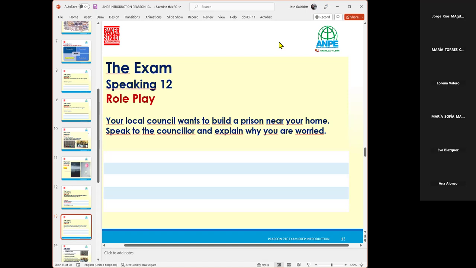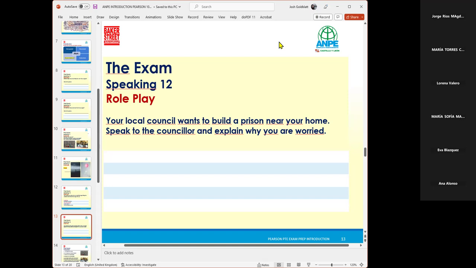But I worried because I don't know. Yeah, I want to be secure in my house. Oh, don't worry. This is a very secure prison, and you will be very safe.